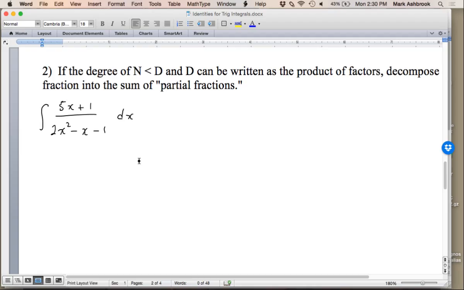The second question: in order to use partial fractions, the denominator needs to be able to be written as a product of factors, meaning we need to be able to factor it, or it needs to come pre-factored. So can we factor that denominator? If we can, then we can use this technique called partial fractions. So we try.